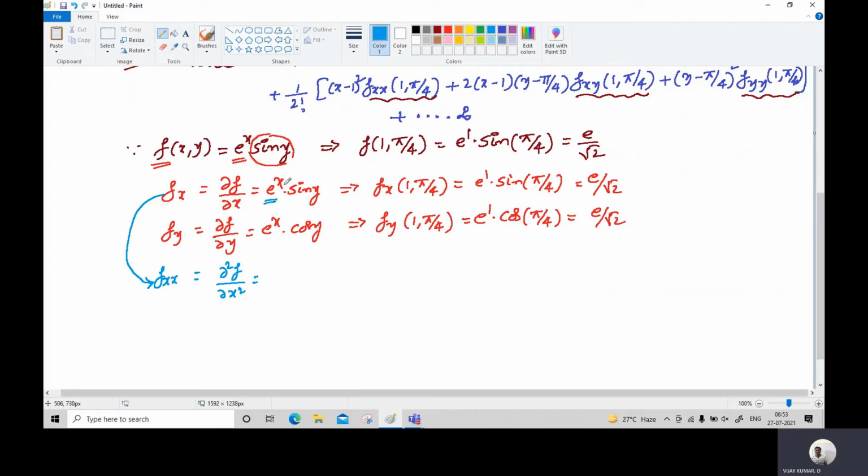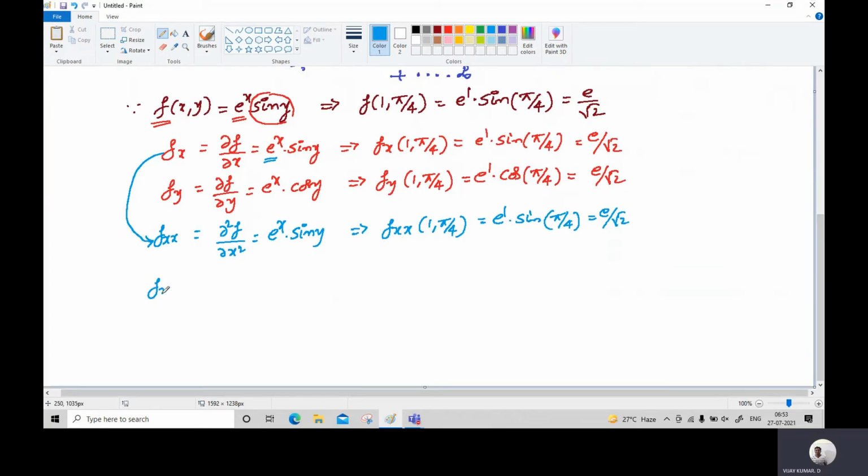Here again e power x is the only variable. You can take the differentiation of e power x with respect to x, because sin y becomes constant. So it would be e power x into sin y. So f_xx at (1, pi by 4) becomes e power 1 into sin pi by 4. You will get e by root 2 again.